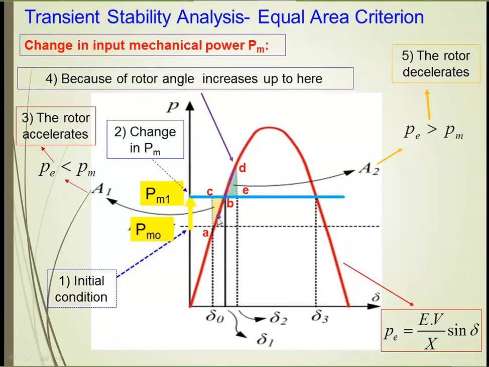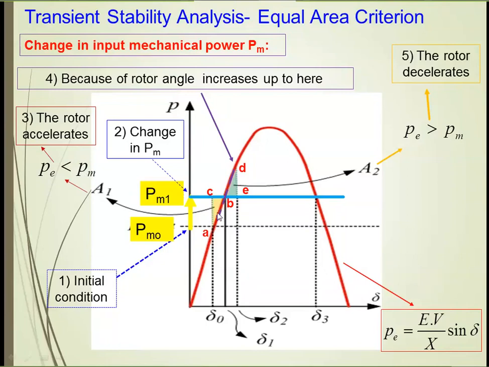So again it will accelerate because Pm is constant, and as the rotor crosses the point B here, going downward along this line, Pe is less than Pm, and thus the rotor is accelerating. So again the rotor will accelerate.